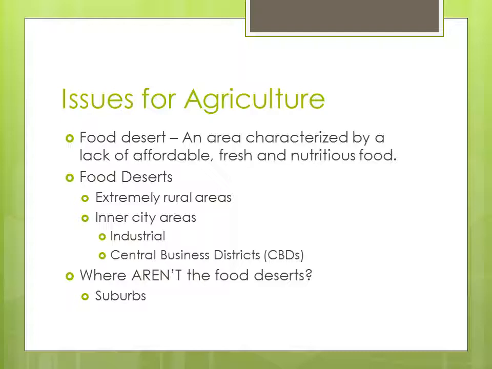And so there's a lot that factors into that. Now, where we tend to not see food deserts are in suburbs, because density is much lower, people are a lot more spread out, and we tend to see a lot more grocery stores in those areas. Plus, people can live further away from a grocery store and still be able to access it, because out in the suburbs we tend to see higher incomes and people having their own automobiles, for example, and being able to drive further to a grocery store, compared with one that you might have to walk to if you lacked a car or something like that.